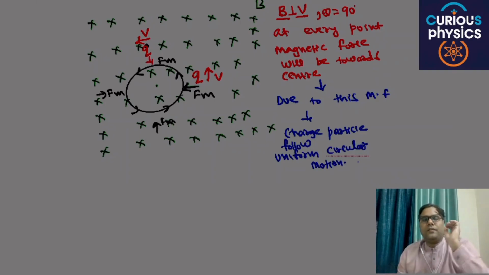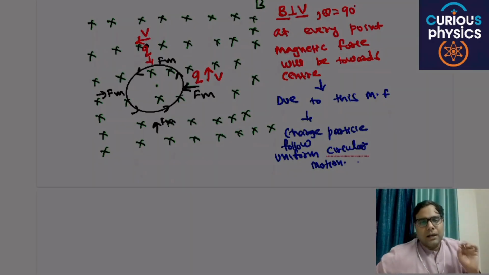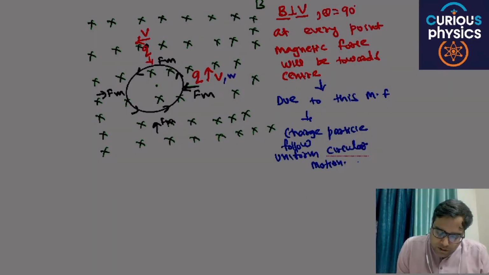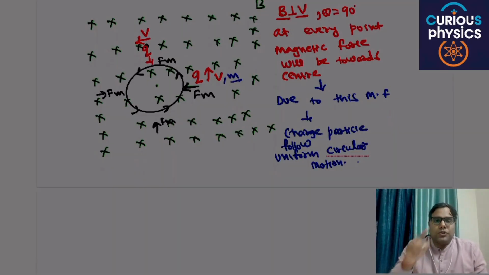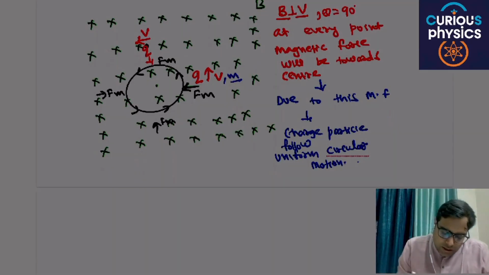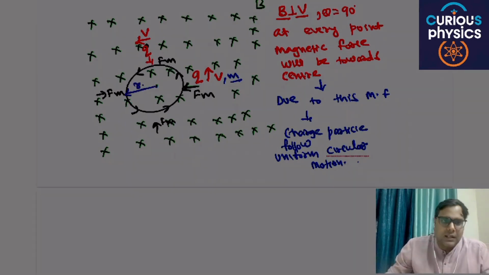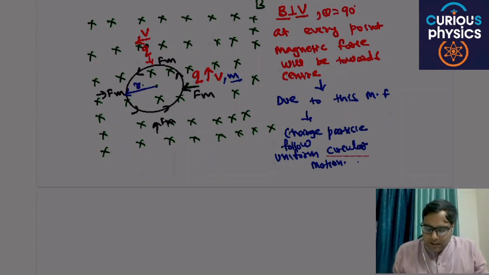Mean to say that when the magnetic field is perpendicular to V and V is constant, with a 90-degree angle between B and V, then this particular charge particle, let's say it has mass m, will move in a circular motion. Let's say the radius of the circle is r. Are you able to understand my point?